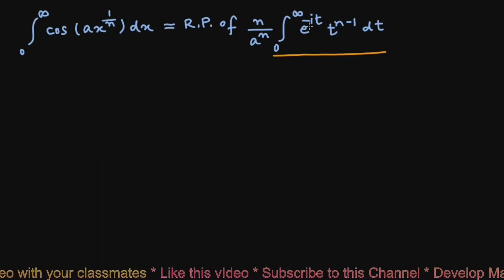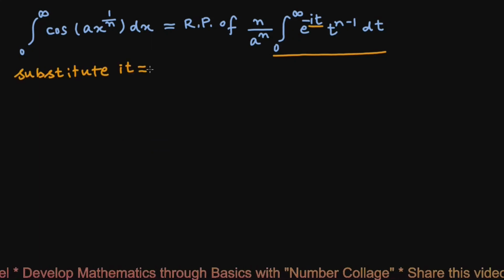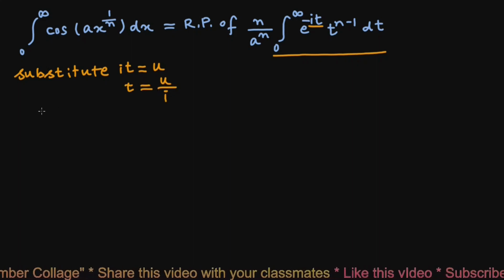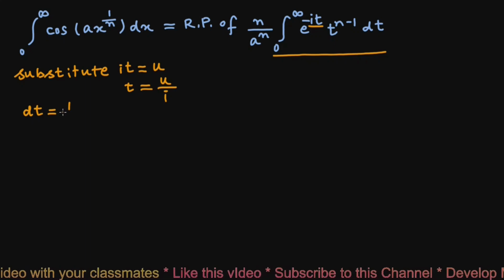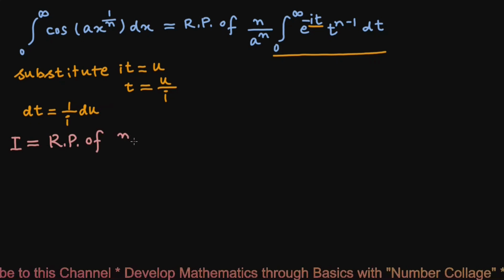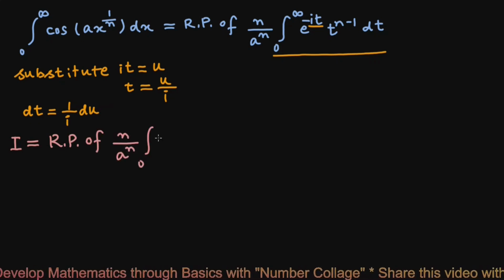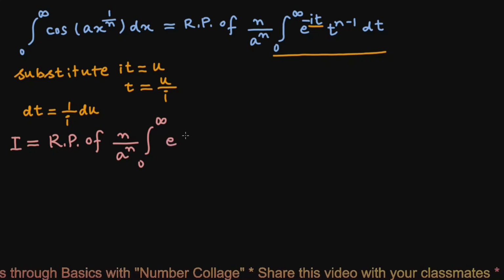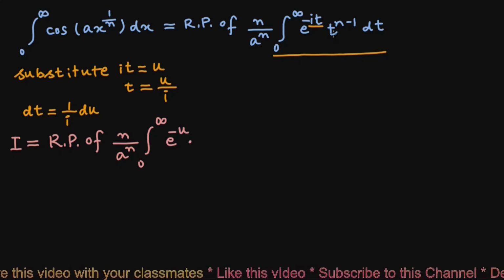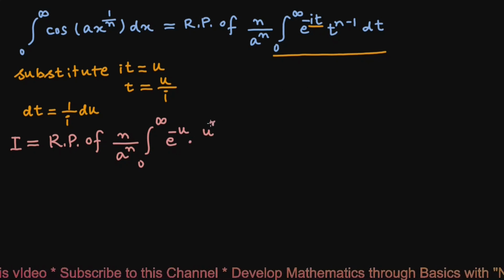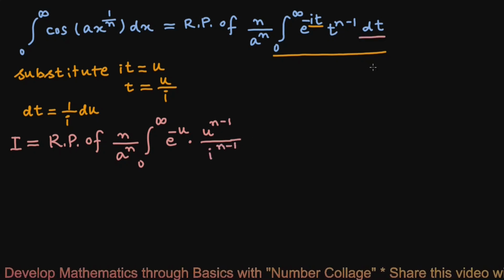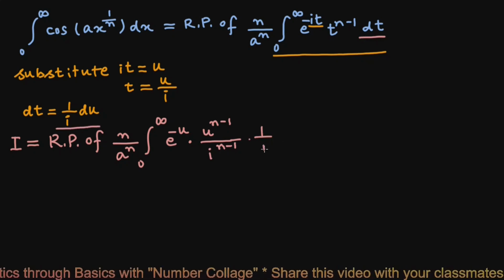Well, we will substitute for this it equals u. So t becomes u by i, and after differentiation dt becomes 1 by i du. Now this integral I becomes the real part of n upon a raised to n, integral from 0 to infinity of e raised to minus u, putting u for this it, into t raised to n minus 1, u raised to n minus 1 upon i raised to n minus 1, and in place of this dt we write 1 upon i du.